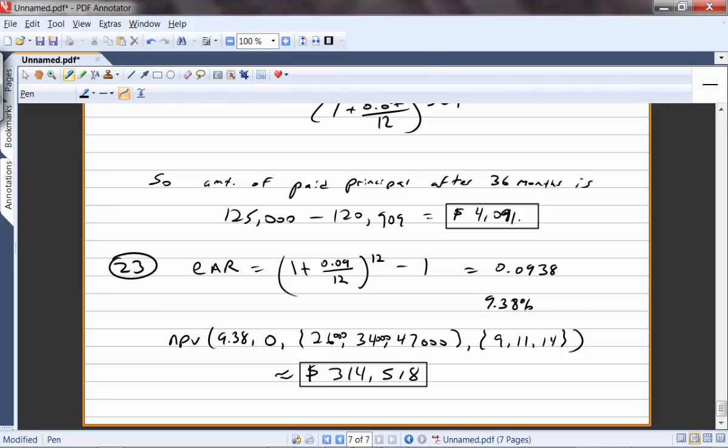So you can check yourself to see if you get that, approximately. If you don't, it's because I've rounded this interest rate right here. This is really 9.3807.